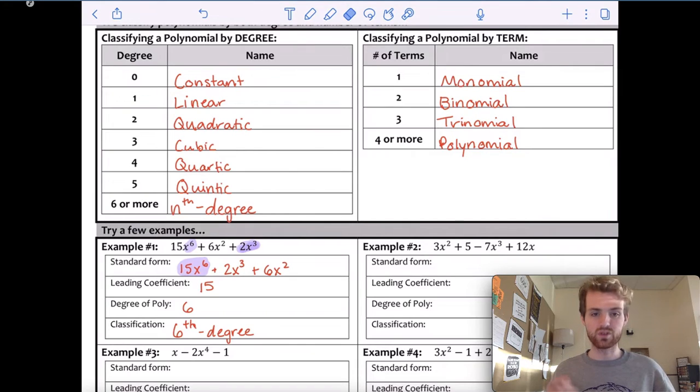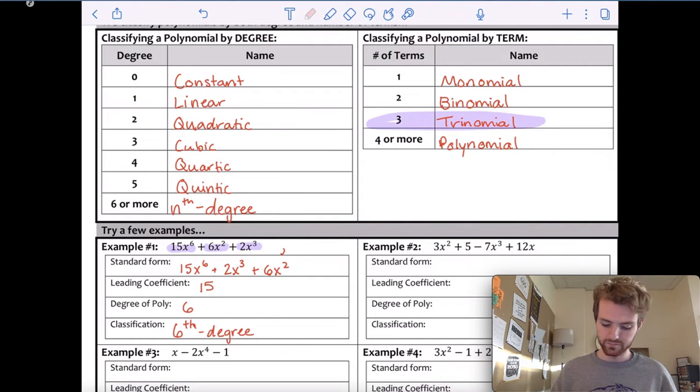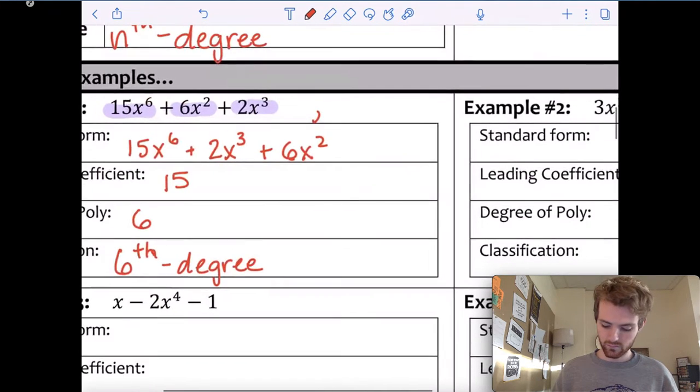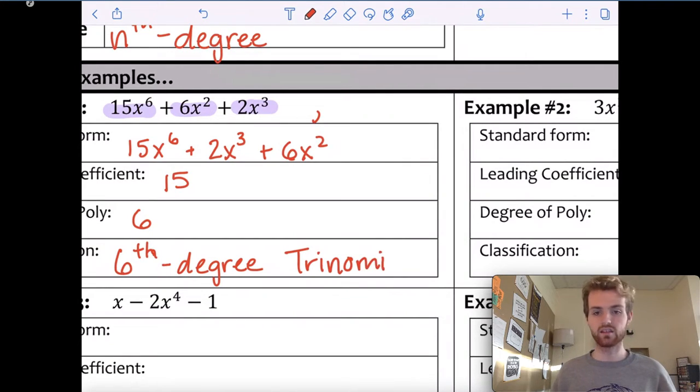How many terms are in example 1? Well, let's count. Here's 1 group, 2 groups, 3 groups. There are 3 terms, which tells me I'm talking about a trinomial. So our classification for this is a 6th degree trinomial.